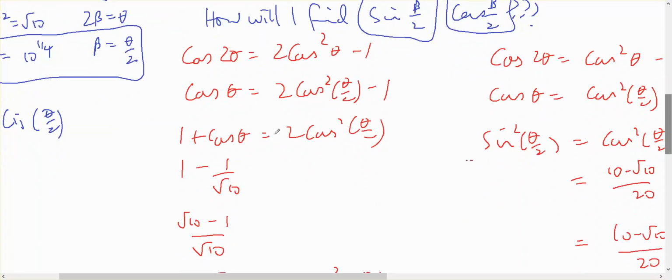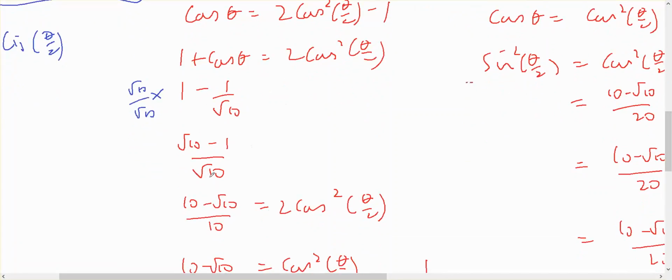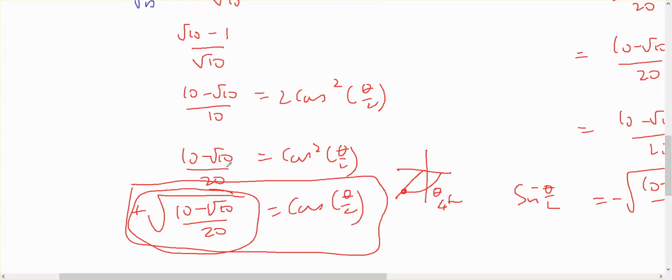So here I can move the 1 over. I can replace cos of theta with -1 on root 10. Putting it all over root 10 on root 10, I get root 10 minus 1 over root 10. When I move the 2 over, I've got a 20 on the bottom. So I've got 10 minus root 10 all on 20 is the cos squared.